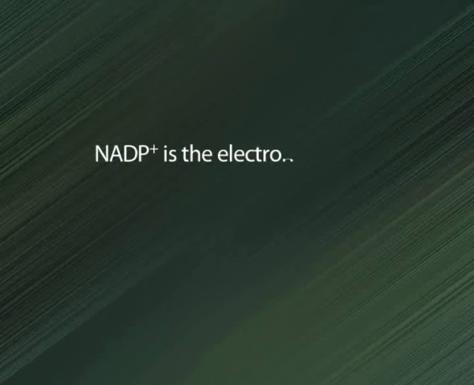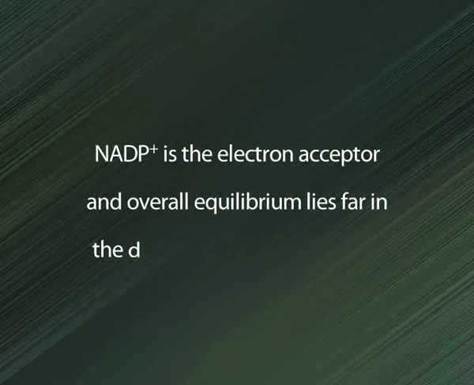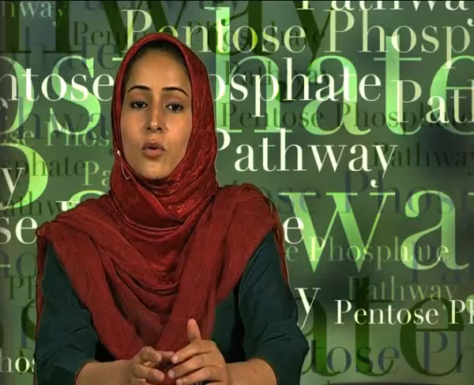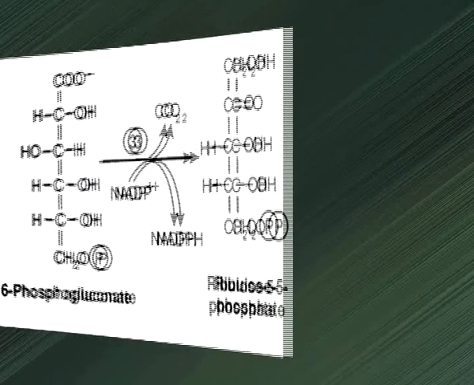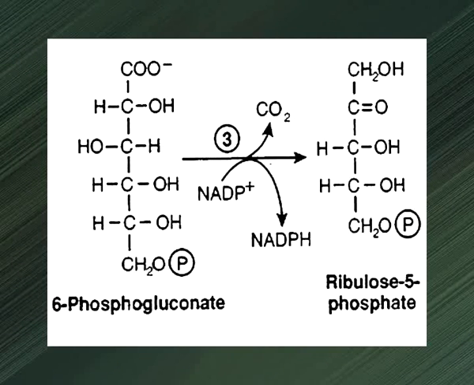NADP is the electron acceptor, that is, it accepts the electrons, and the overall equilibrium lies far in the direction of NADPH formation. The lactone formed earlier is hydrolyzed to the free acid, 6-phosphogluconate, by a specific lactonase. Then 6-phosphogluconate undergoes oxidation and decarboxylation by 6-phosphogluconate dehydrogenase to form a ketopentose, ribulose 5-phosphate.